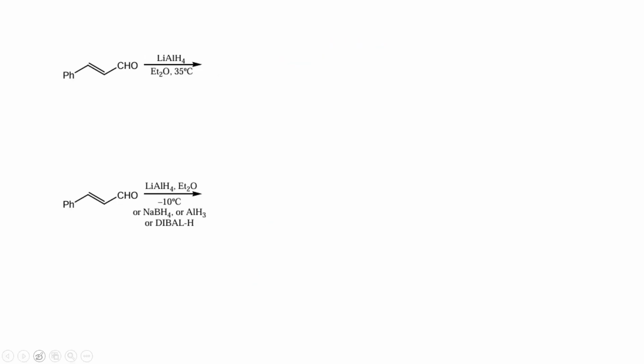Now, if we add LiAlH4 to an alpha beta unsaturated aldehyde, what will happen? The alpha beta unsaturated aldehyde is in conjugation with the carbonyl, which reduces the electron density in the double bond. Because of that, this double bond becomes electron deficient and highly electrophilic.